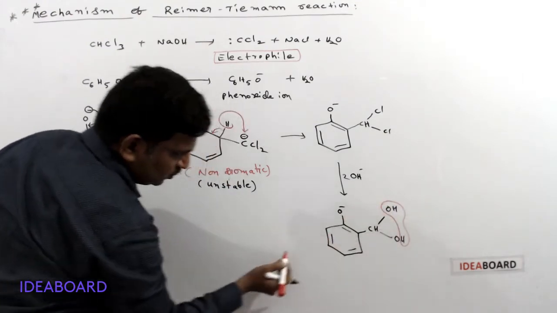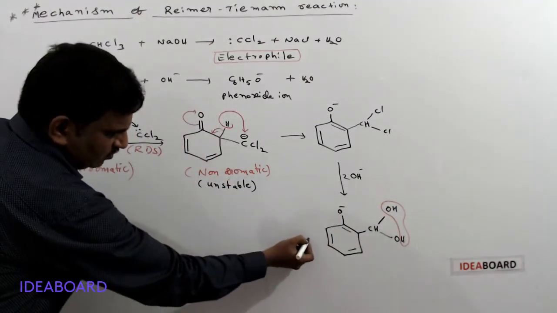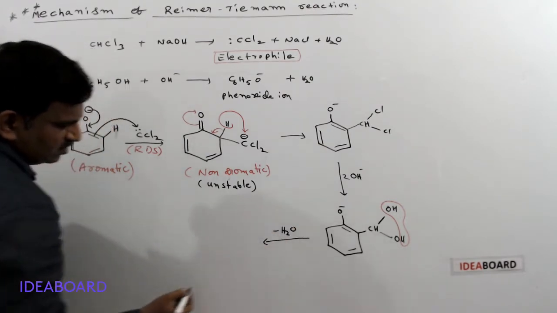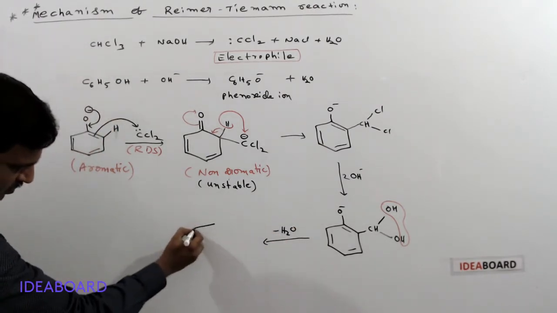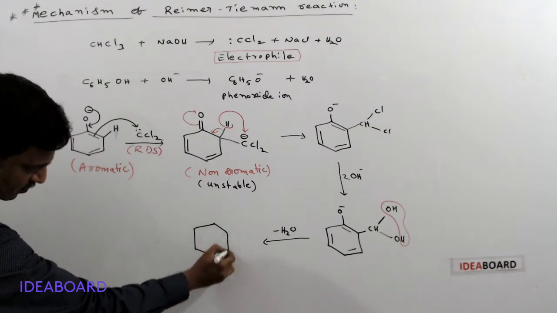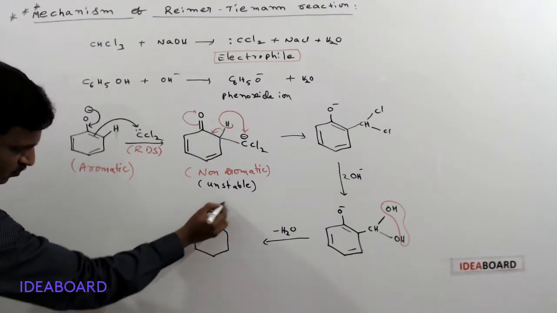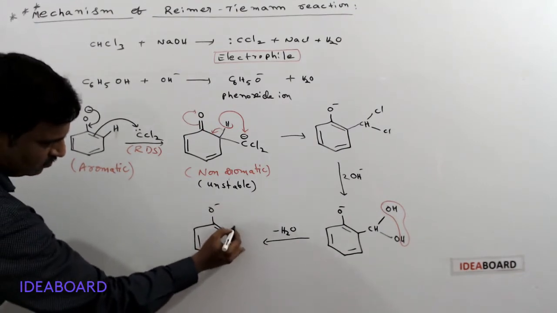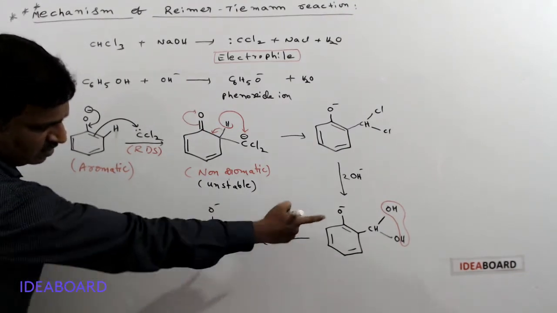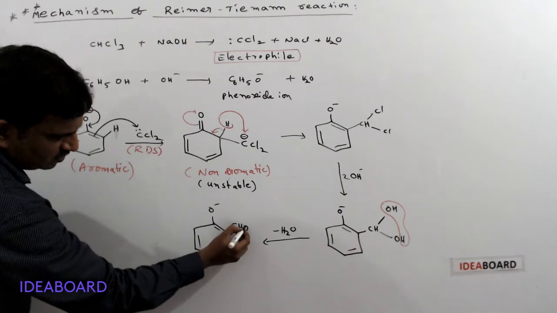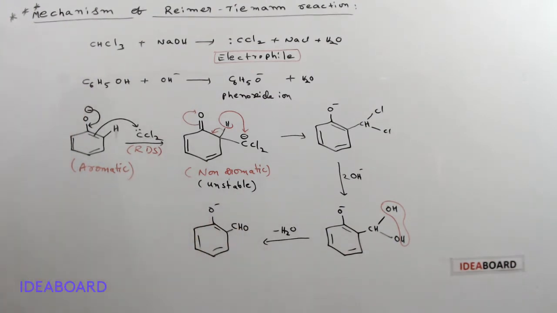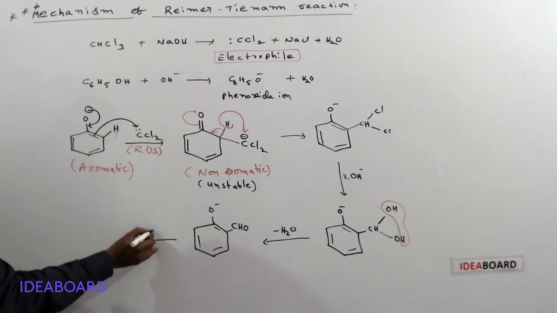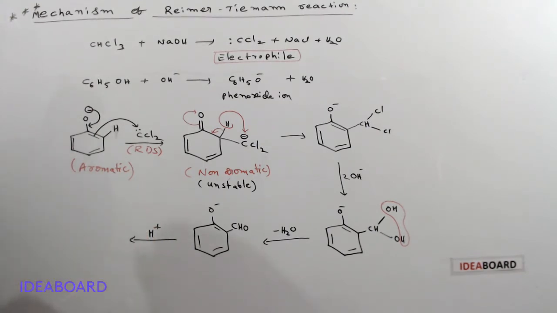By the removal of H2O, so minus H2O occurs, then what is formed here? This is O minus, pi bond, pi bond, pi bond, and now you have CH and one oxygen is only present, so it is CHO. And this phenoxide ion undergoes protonation.